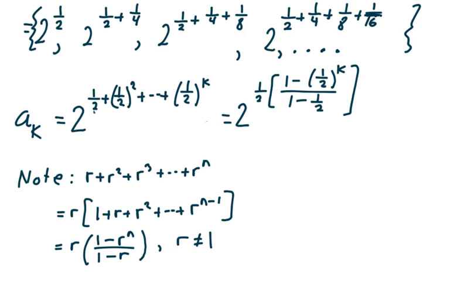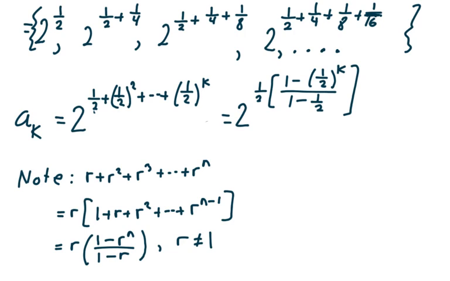And then what I do is essentially the following. I can rewrite this as 2 to the 1/2 times the quantity 1 minus 1/2 to the k divided by 1 minus 1/2. Now, let's take a look at something.